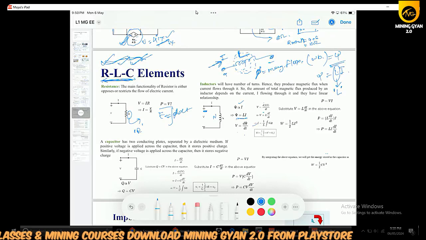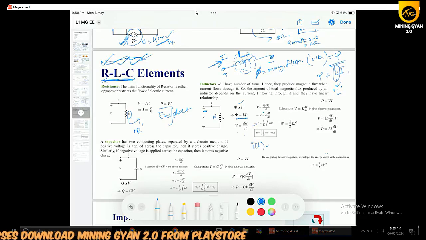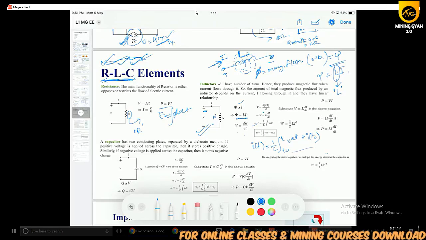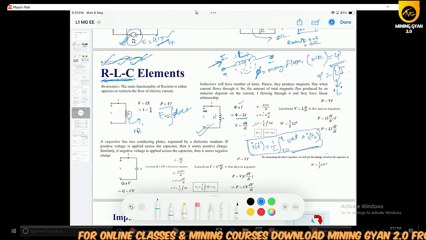Remember that the current flowing through the inductor is given by 1 by L integration from t0 to t of V dt plus I of t0, because an inductor is an energy storing element, because it stores the electrical energy in the form of a magnetic field. That's why we have to write the complete current equation flowing through the inductor.